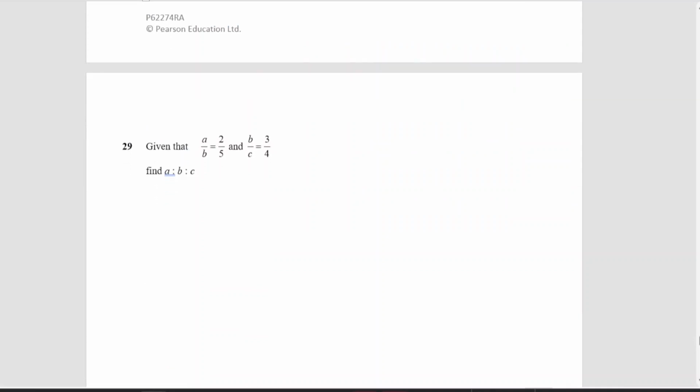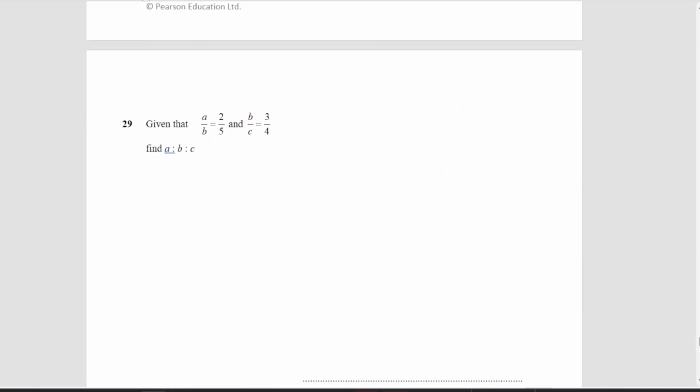Okay, and question 29, given that A over B is equal to 2 over 5 and B over C is 3 over 4, find A to B to C. So if this is given like this, it means that we can set it as a ratio as 2 to 5. And then B to C, 3 to 4.